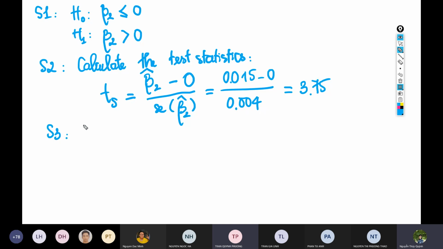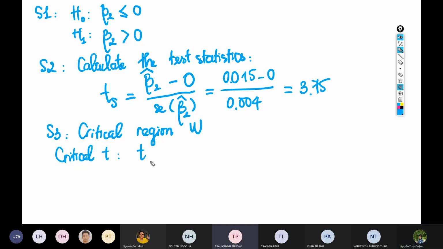And step 3, what is it? We determine the critical region. In order to determine the critical region, we have to determine the critical value of t. What is the critical value of t? It is t at 0.01 and 27 degrees of freedom.